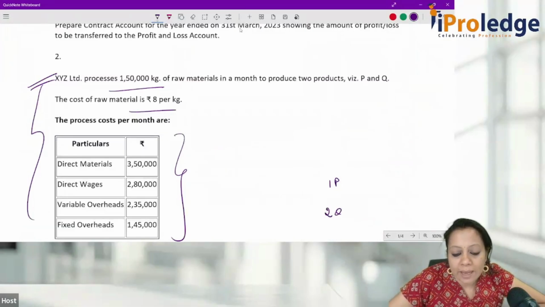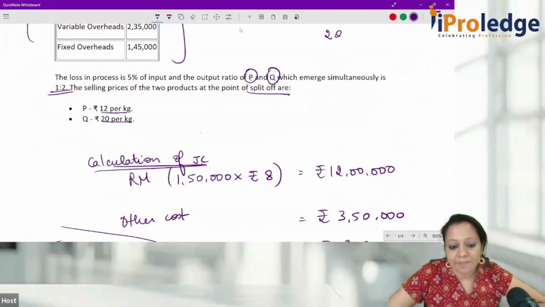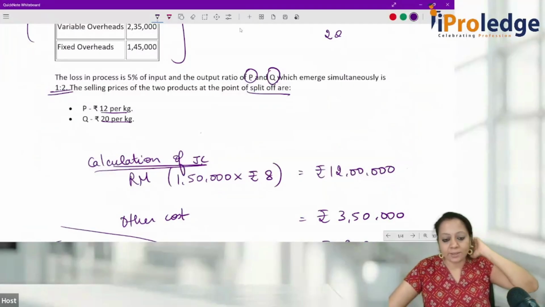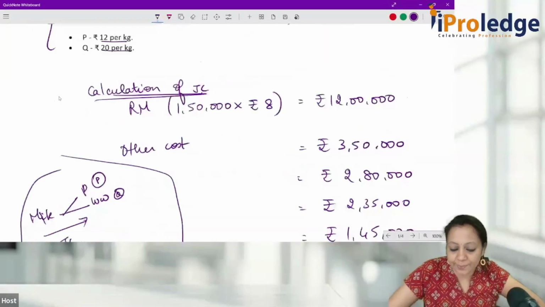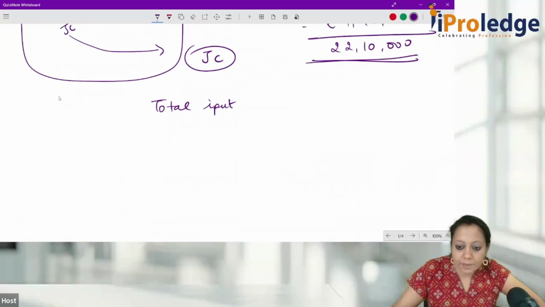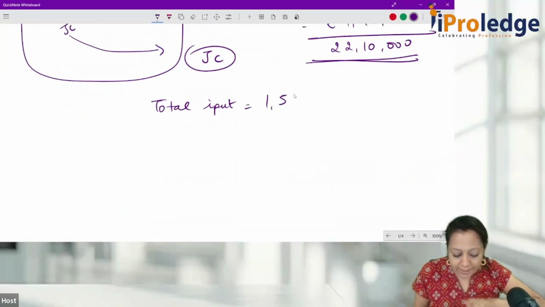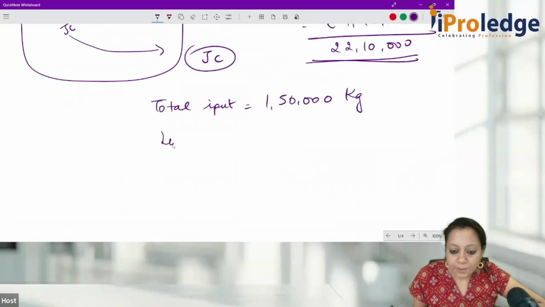Can we all see 1,50,000 is the kgs of raw material? 5% is loss and 1:2 is the output ratio from this paragraph. Input is equal to 1,50,000 kgs given in the first line of the question. So loss is equal to 5%.